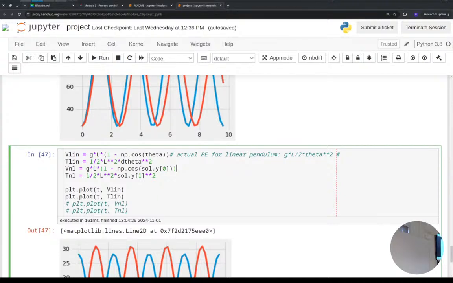So it's always got to be dx/dt equals some function of x. In this case, I have angle and angular velocity as my inputs, and the outputs are angular velocity, which is the derivative of angle, and angular acceleration, which is the derivative of angular velocity. And that's where I can plug in negative g over l times sine theta.